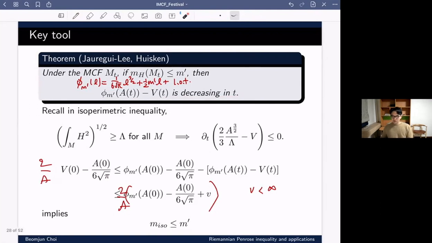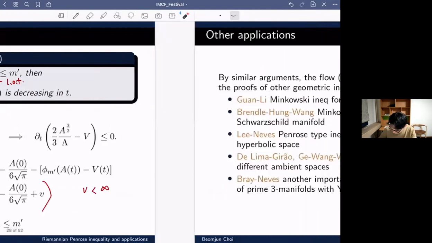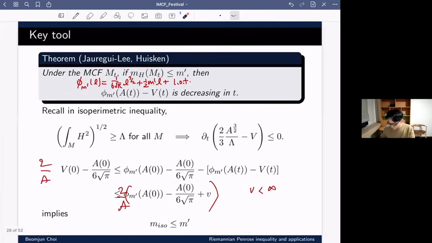So the thing is, we can use the mean curvature flow and the inverse mean curvature flow to characterize the ADM mass in terms of some information about the isoperimetric inequality. Before talking about other things, let me mention something.